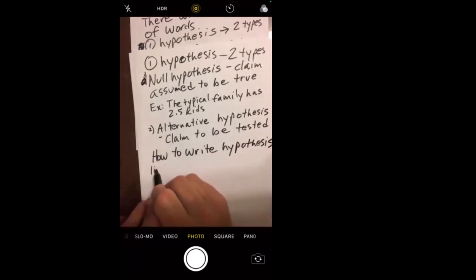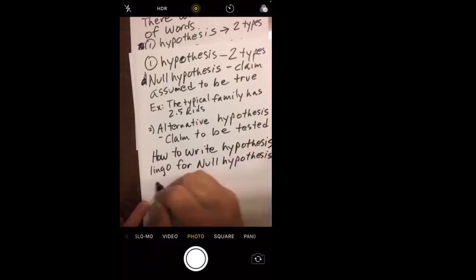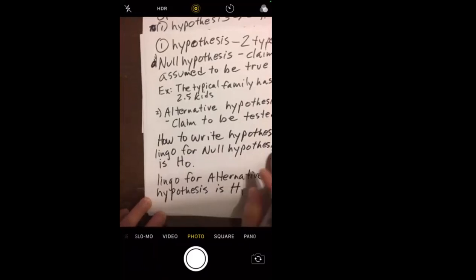The lingo for the null hypothesis is H0, and the lingo for the alternative hypothesis is H1.